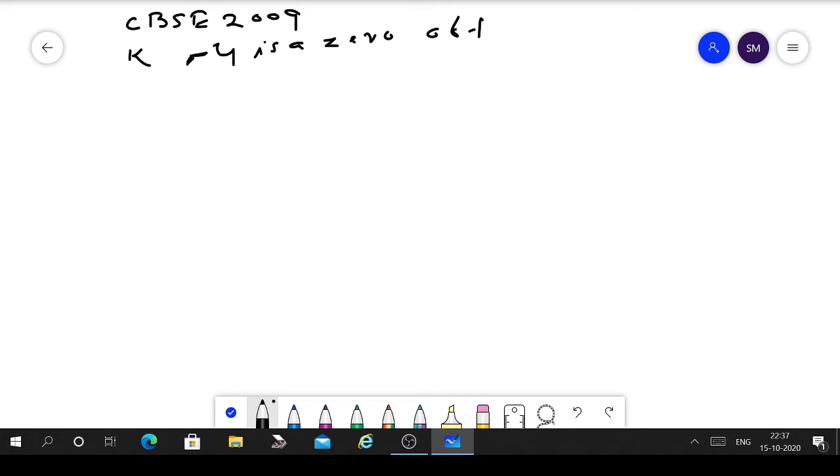Okay, then the next question, another CBSE board question from 2009. What does the question say? Find the value of k, if -4 is a zero of the polynomial f(x).